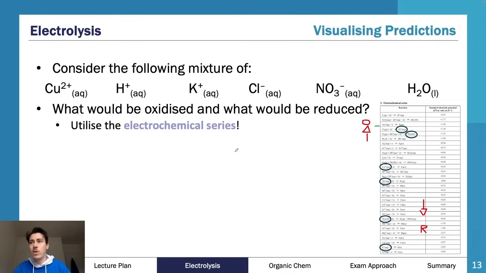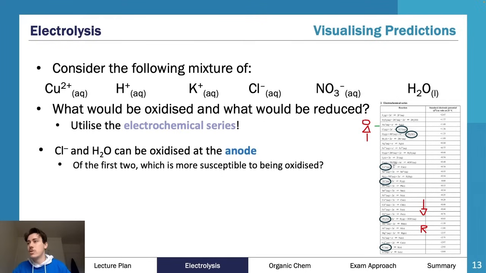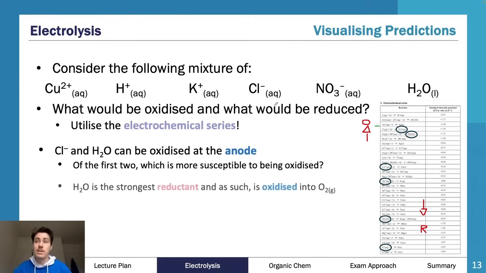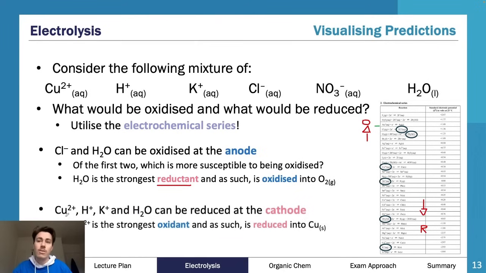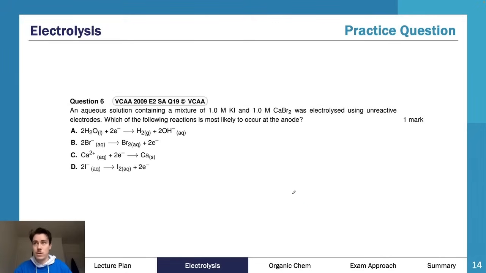If we work off that theory, the copper, the Cl2, the Cl- and the O2 can be oxidized because they're on the right. But which of these is the most susceptible to being oxidized? Well, that's going to be the water, because the water is the strongest reductant, and therefore it's going to be oxidized into O2. On the flip side, all of these things can be reduced because they're on the left, but the Cu2+ is the strongest oxidant, so it will be reduced.